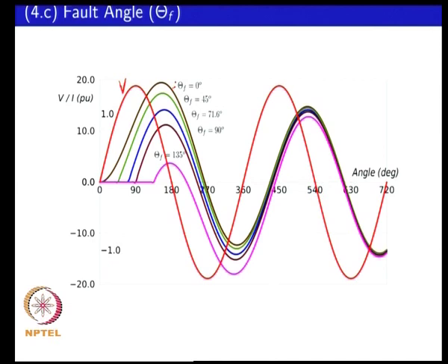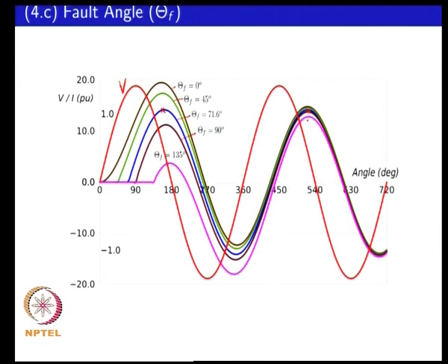This is for theta f equal to 0, this one is for theta f equal to 45 degrees, and this is for theta f equal to 90 degrees. The blue line is for theta f equal to 71.6, which is the same as the impedance angle, and you can see that the peak fault current has reached steady state from the beginning.